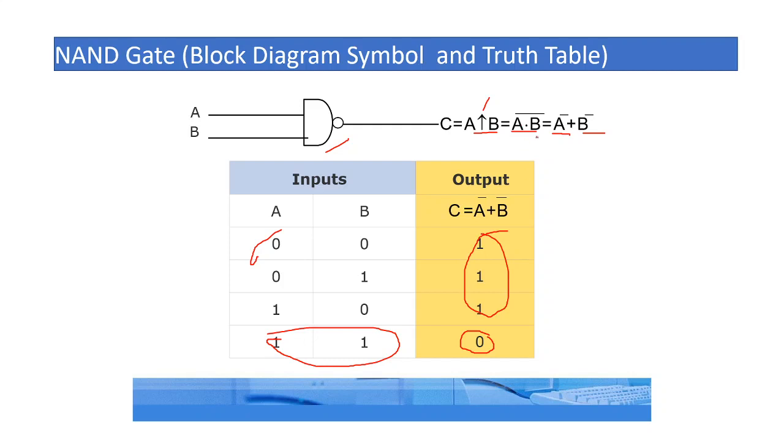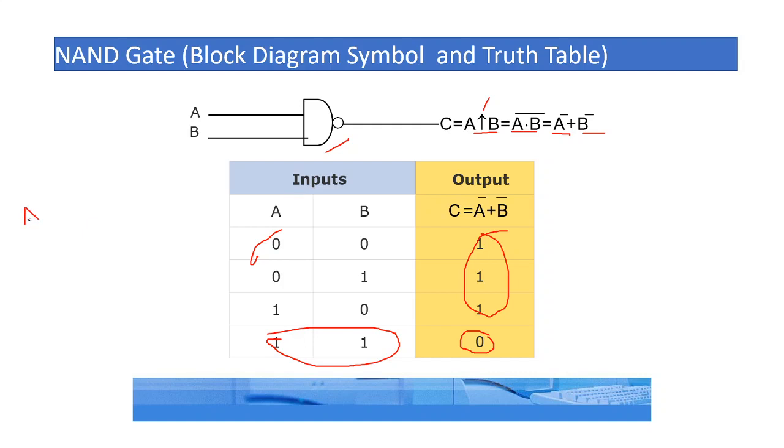So the NAND gate representation is (A dot B) bar, and it is logically equivalent to A bar plus B bar. You can verify this with the help of a truth table. I will show you only for one or two outputs.